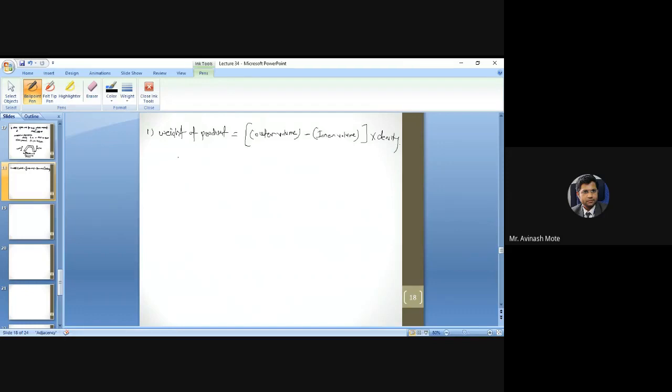That's simple. So let's first calculate the outer volume and inner volume.